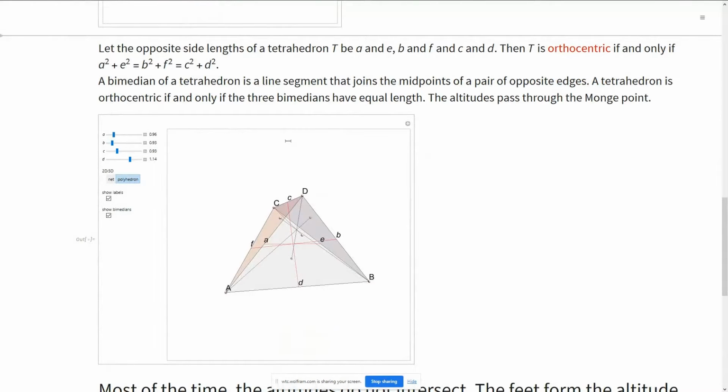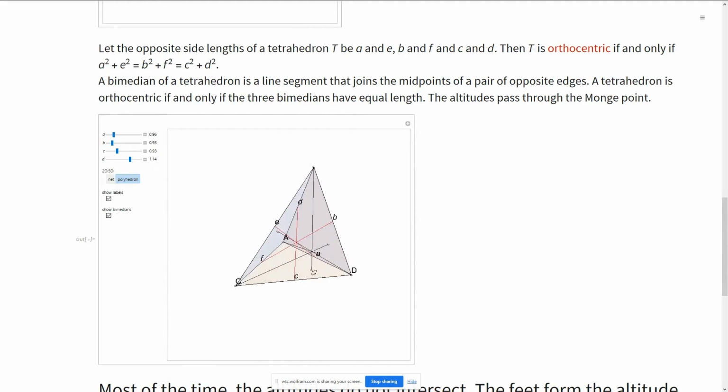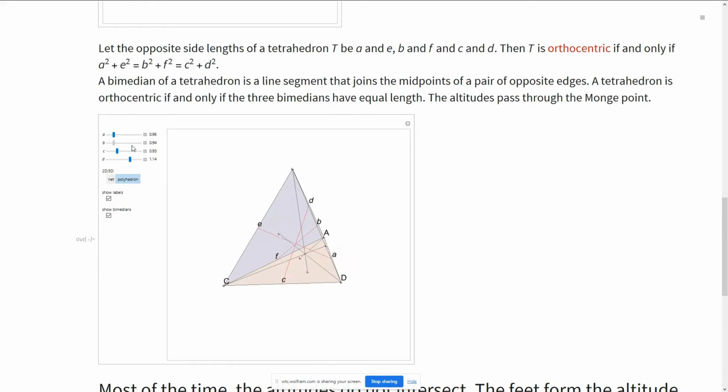The altitudes will intersect if the opposing edges have one of 3 properties. One, if the distances between the midpoints of the opposing edges are all the same, then they will all intersect at a point, and also the altitudes will intersect.